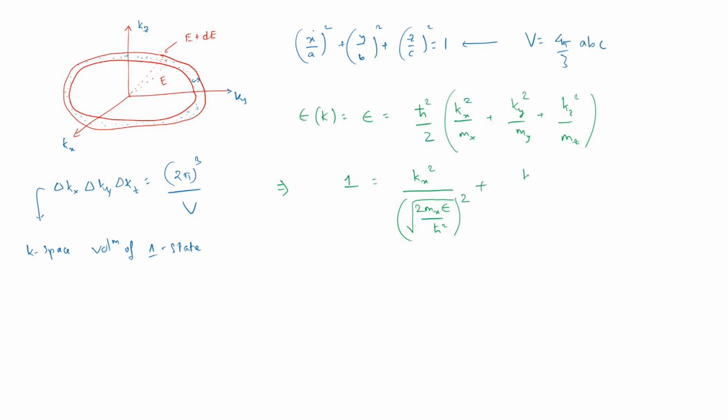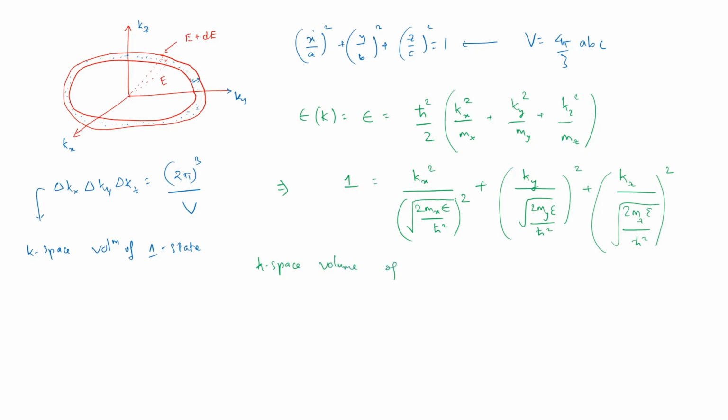Similarly, ky by square root under 2my h bar square, whole square, plus kz square, 2mz, h bar square, whole square.